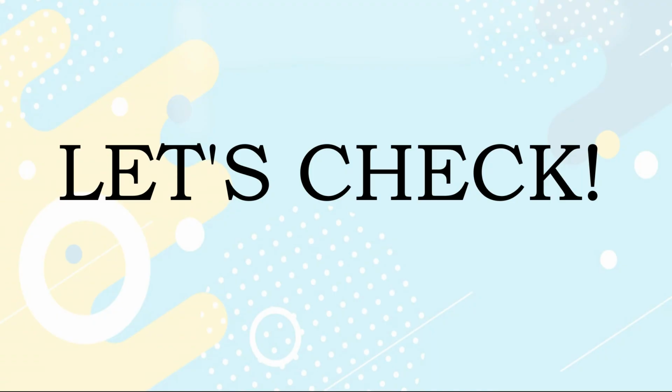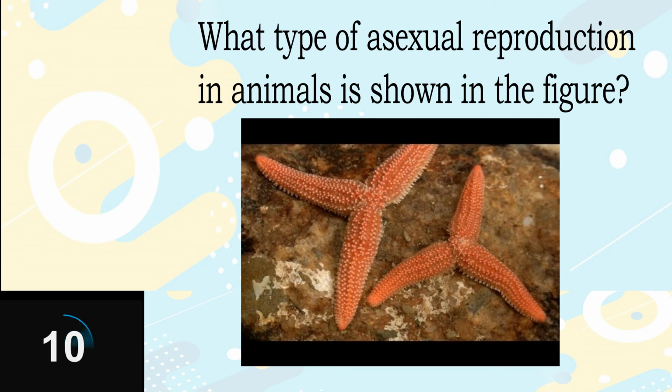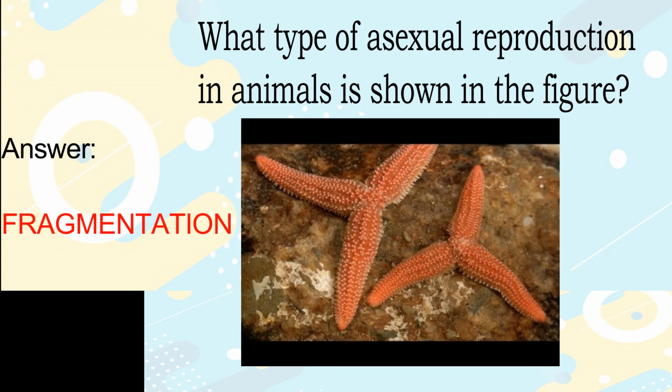For the last activity, let's try to answer these questions based on the given figure. So you may type your answer in the chat box or in the comment section. What type of asexual reproduction in animals is shown in the figure? The correct answer is fragmentation.